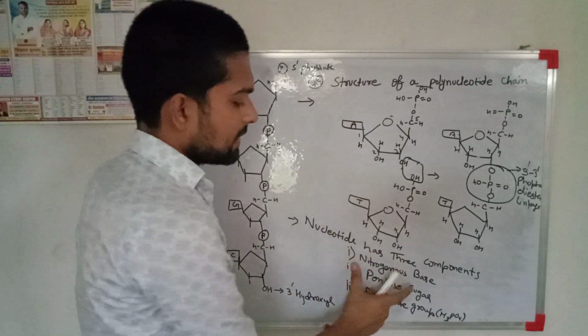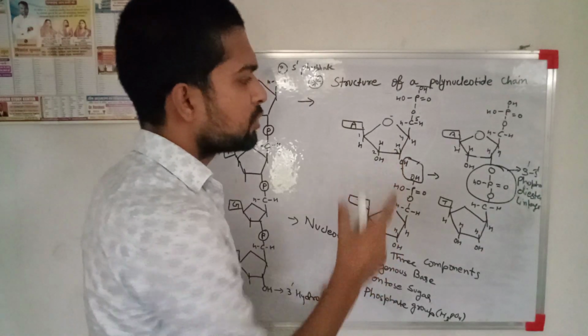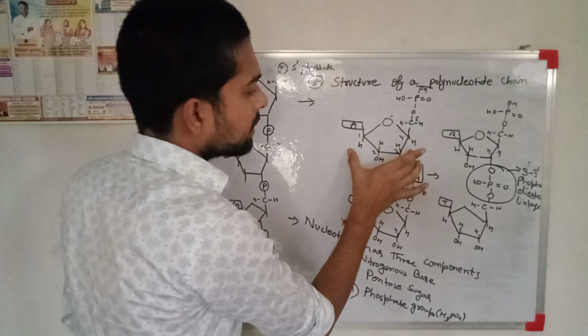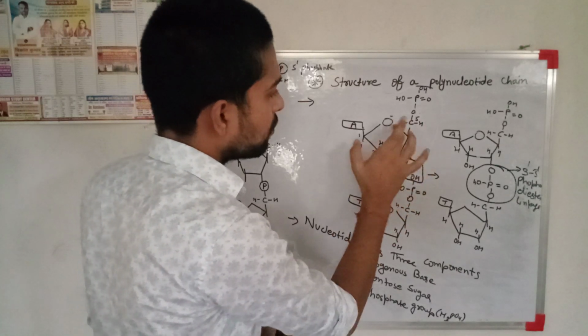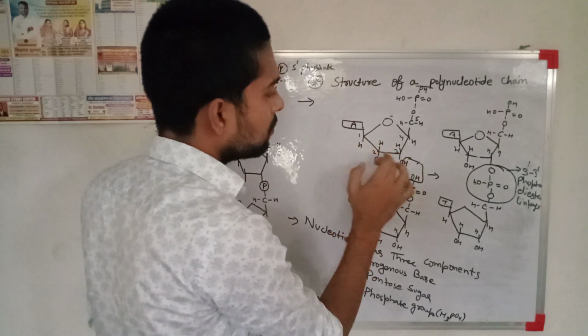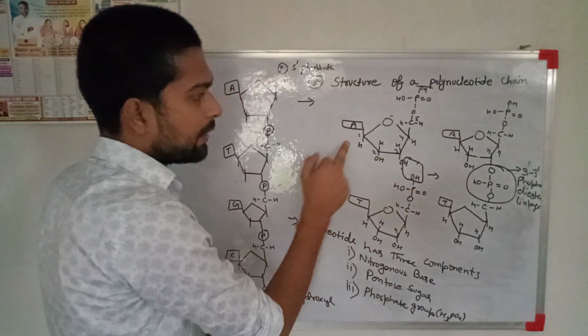Okay, so how these three components form a nucleotide I will discuss here. This is pentose sugar, which has 5 carbons, 1, 2, 3, 4, 5, and 1 oxygen.